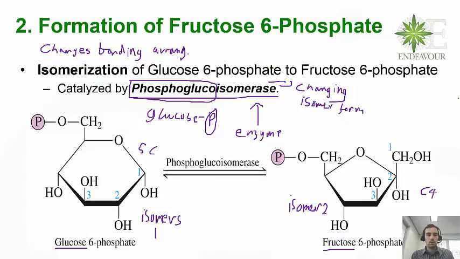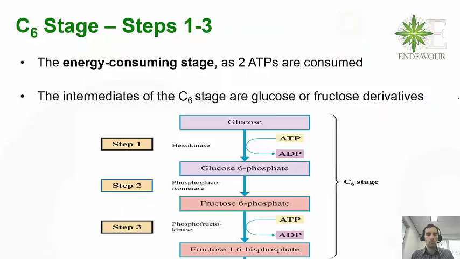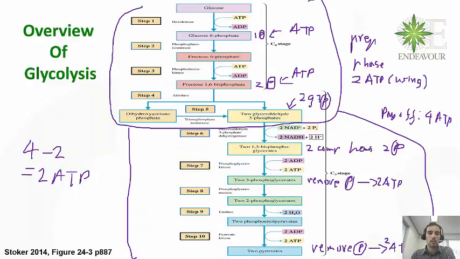So just going back to where we had the summary of the whole thing. So we can see at the top here, all these reactions we've talked about so far, the top 3 contain our 6 carbon stages, and then we did another couple of steps to create these 2 glyceraldehyde 3-phosphates.